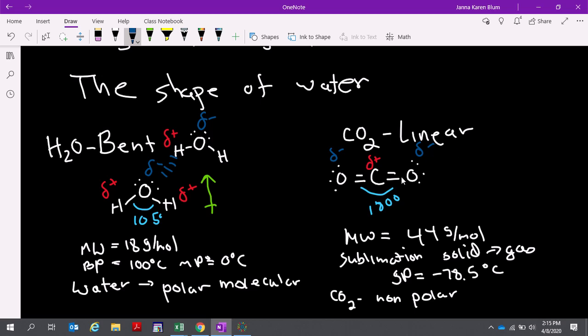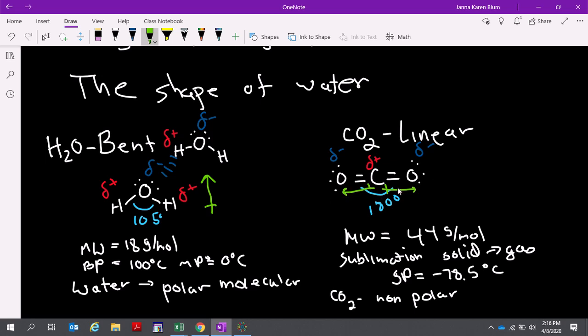But because carbon dioxide is linear, this oxygen is pulling this way, and this oxygen is pulling that way. These poles, these separations of charge, actually cancel each other out. And so this molecule is actually nonpolar.